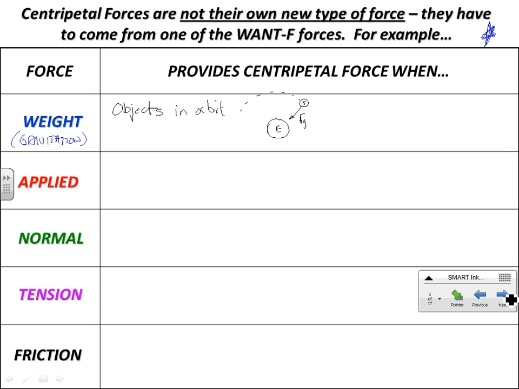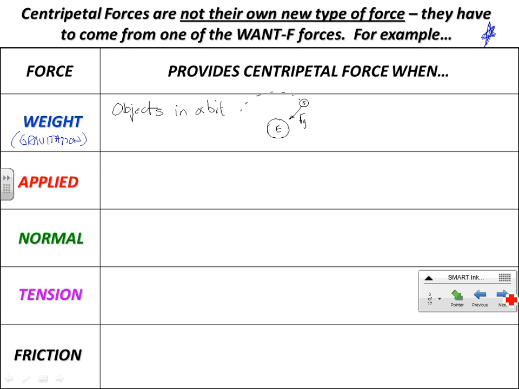That's really the only one where an object's weight provides a centripetal force. Applied force, I'm going to skip that one because there's really not a great example. I'll show you one. It's a little bit out there.